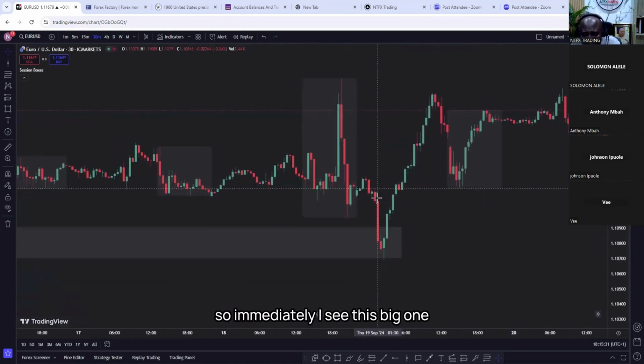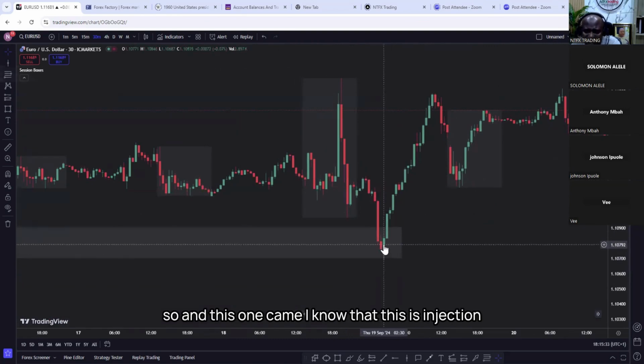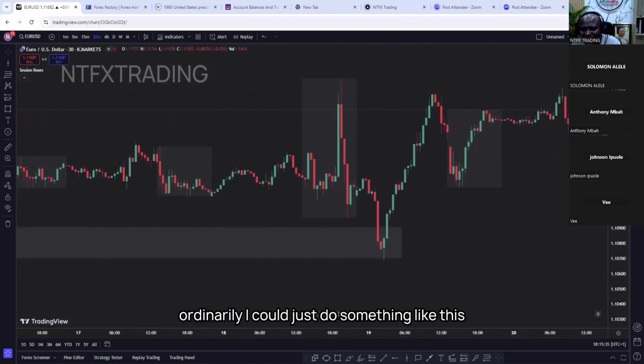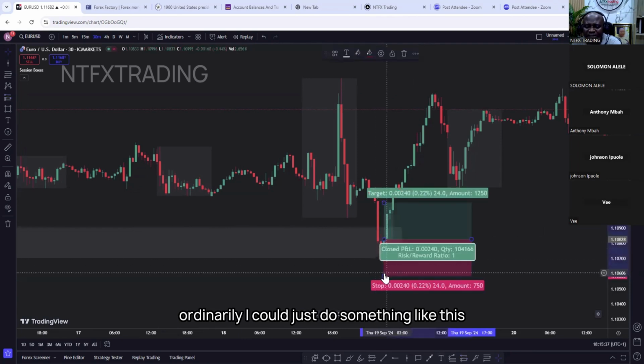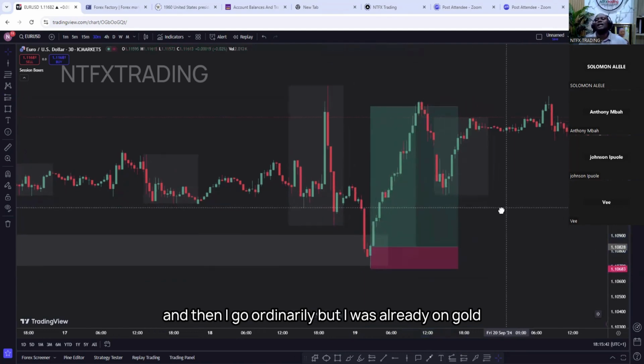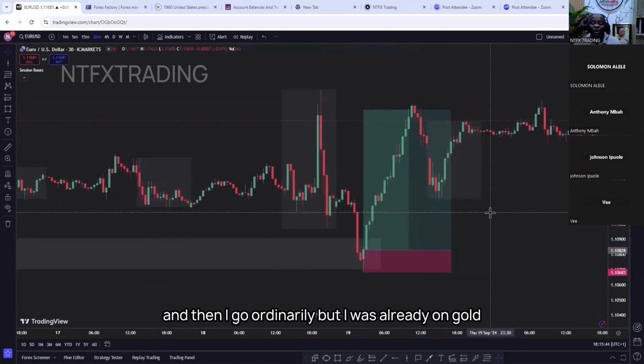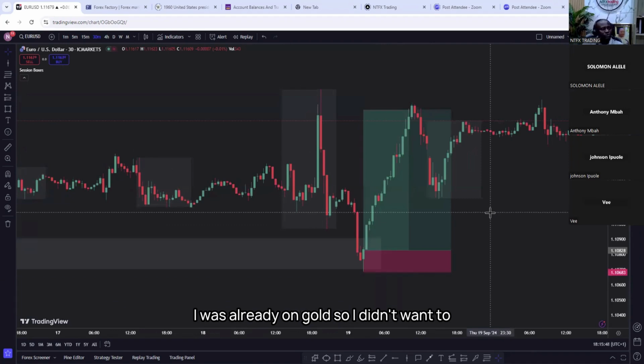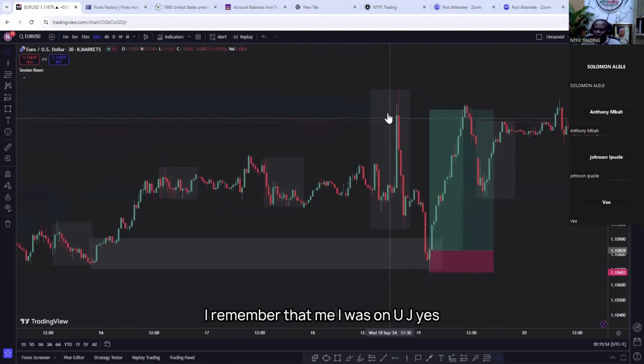So immediately I see this big one, and this one came, I know that this is injection. Ordinarily, I could just put stop loss below the injection, and then I go. But I was already on gold, so I didn't want to put too much pressure on my account. I left it.